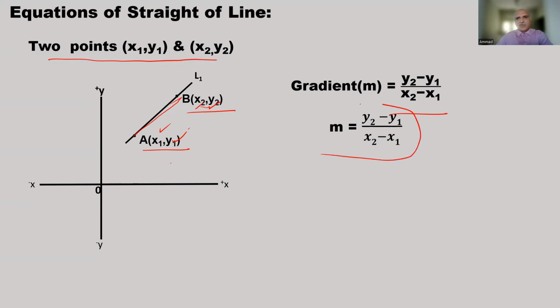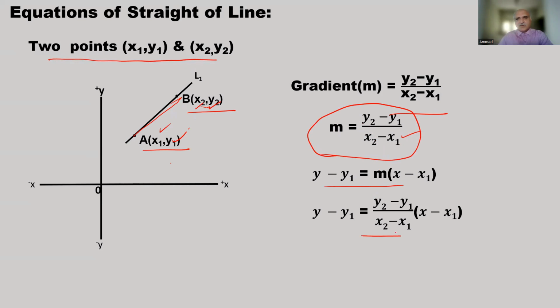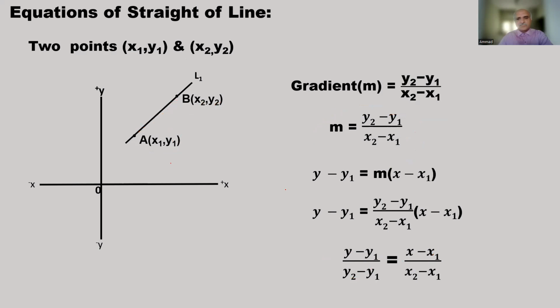So we get the coordinates, and the gradient of this line is this one, and if we put the values of this in the previous equation, we get this one. And after simplifying, this is the final formula to find out the equation of the line when 2 points are given, x1, y1, x2, y2.